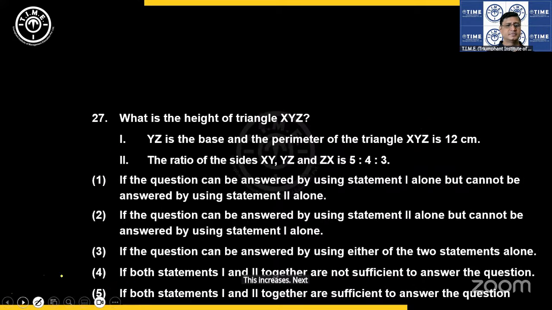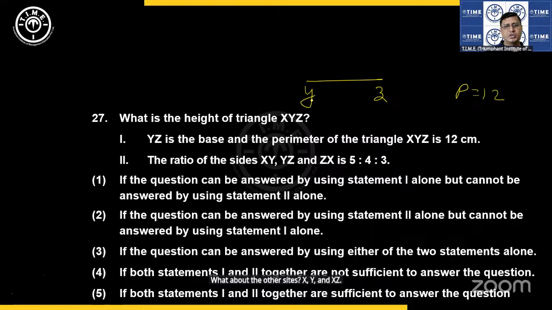Next. What is the height of triangle XYZ? Statement 1: YZ is the base and the perimeter of the triangle is 12. Base is equal to YZ. Perimeter is given as 12 centimeters. What about the other sides, XY and XZ?